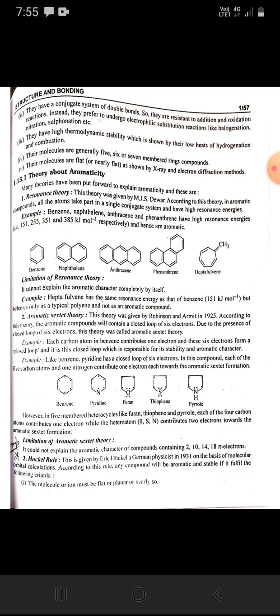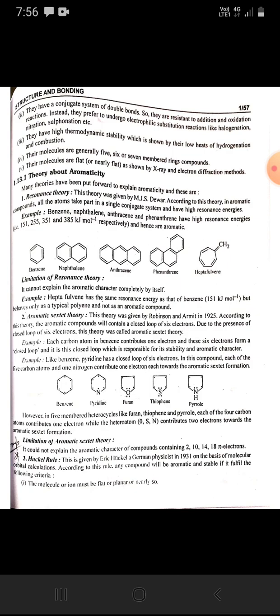Third, Huckel rule. It is an important rule, and it was given by Erich Huckel, a German physicist, in 1931 on the basis of molecular orbital calculation. According to this rule, any compound will be aromatic and stable if it fulfills the following criteria.